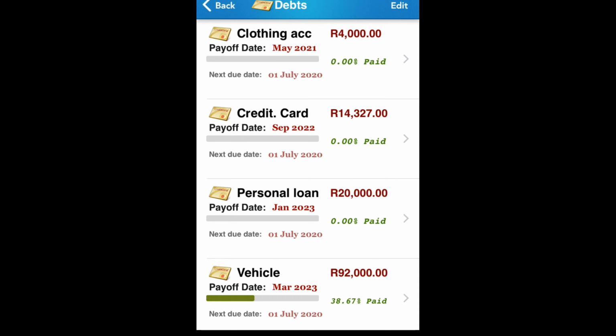It's got a personal loan of 20,000 and a vehicle of 92,000. So if you are using the snowball method, as you can see, it sorted them in order. You will start by paying off your clothing account of 4,000 balance. Then you move to your credit card. Then from there you pay off your personal loan, and then from there you pay off your vehicle.